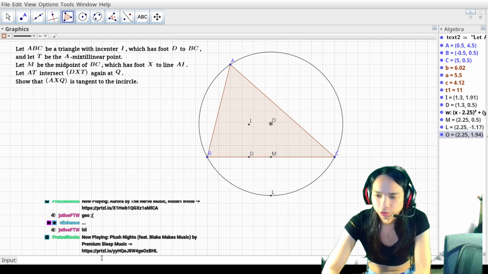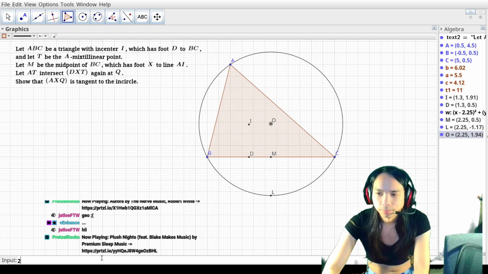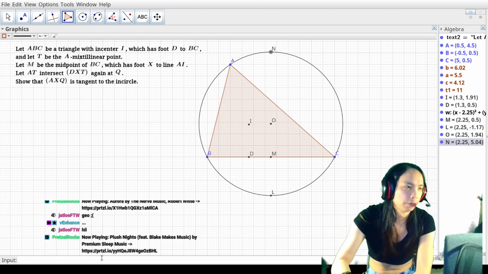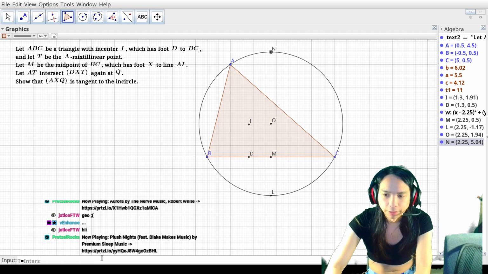mixtilinear point in GeoGebra. If I let the upper arc midpoint, the North Pole N, the arc midpoint opposite L, then the mixtilinear point is the foot from L to line IN.